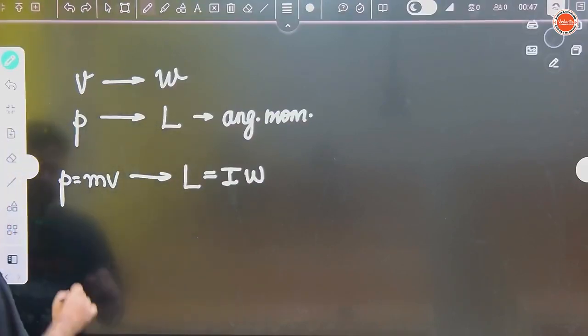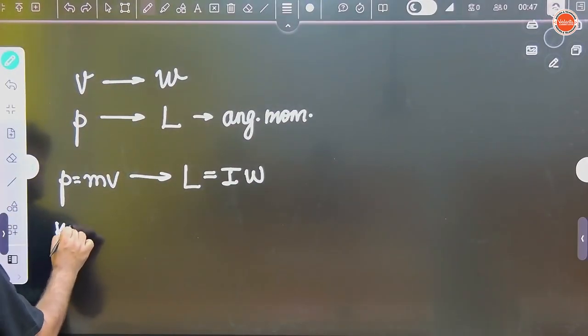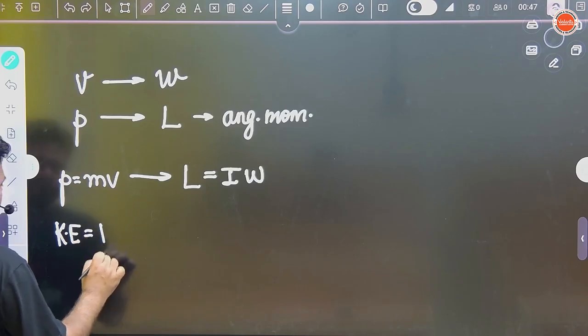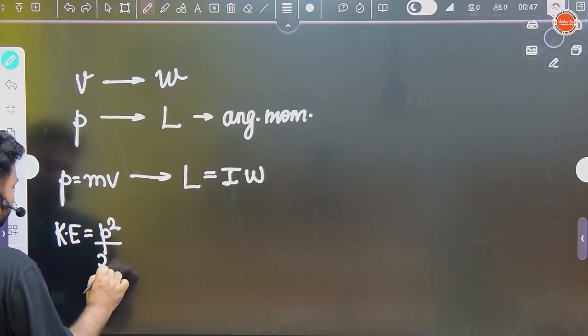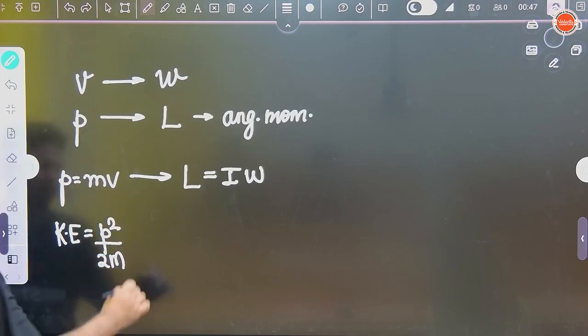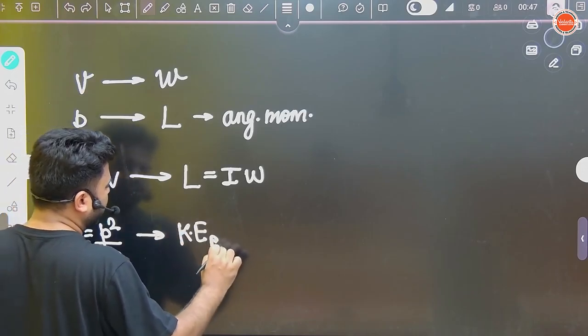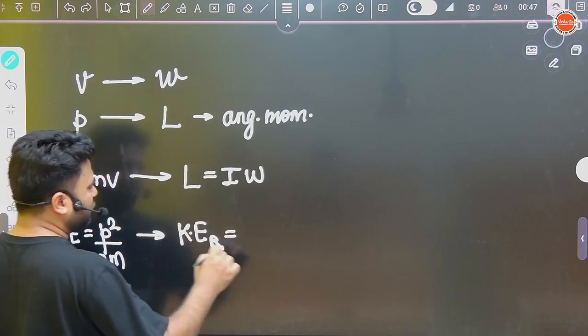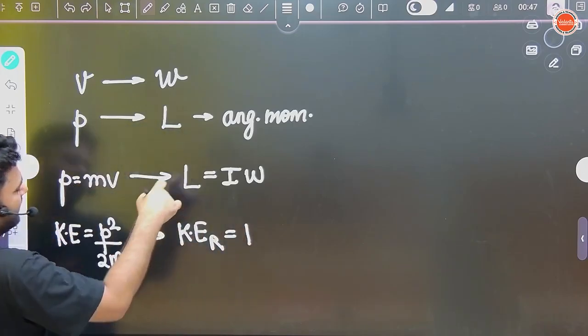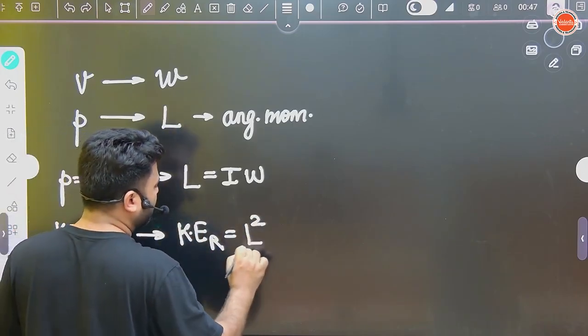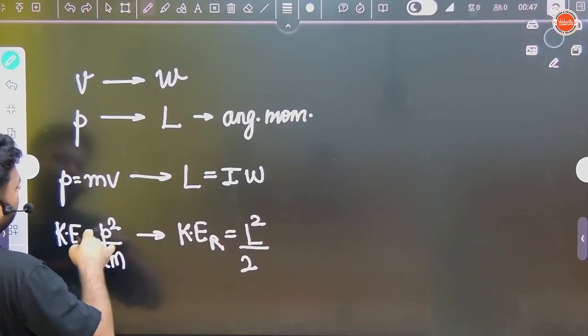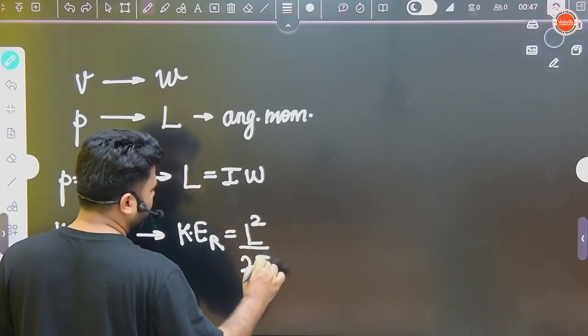Like kinetic energy. What do we write? P square by 2m. We have this formula. So in rotation, if the object is rotating, what will the kinetic energy be? P square by 2m, so P is replaced by L. So L square by 2, mass is replaced by what? Moment of inertia, 2I.